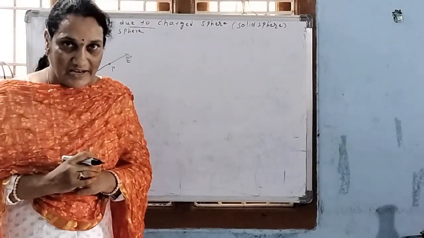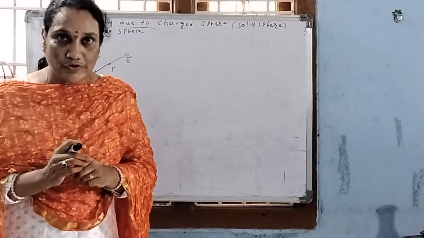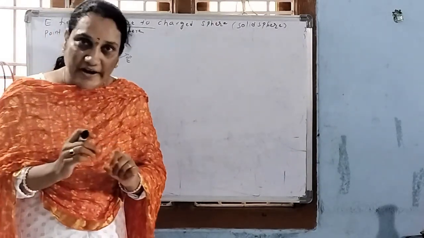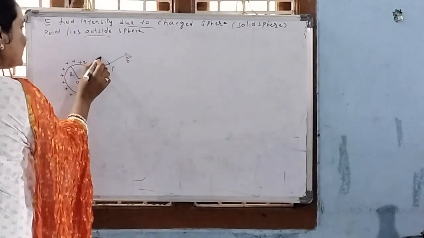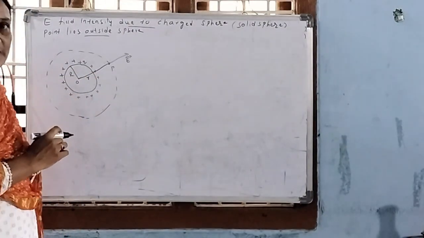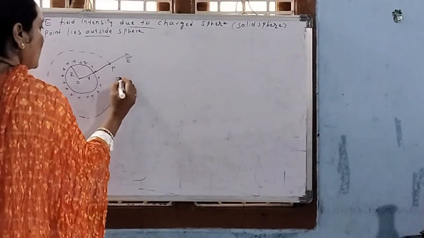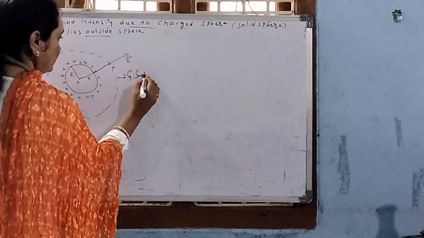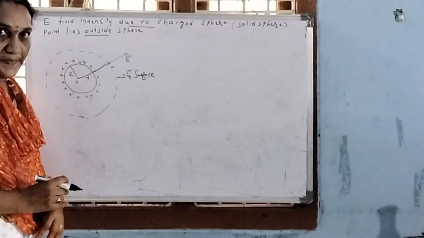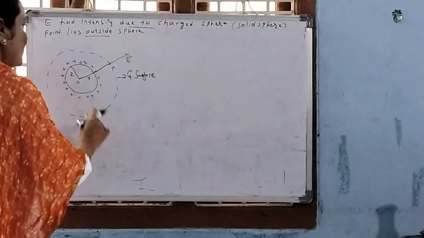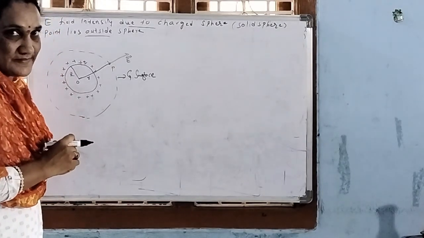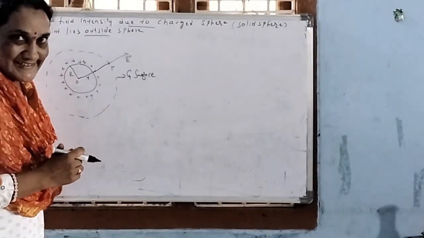To find the electric field intensity, we have to assume a Gaussian surface passing through this point P. Now, let us imagine a Gaussian surface passing through this point P. Small r becomes the radius of the Gaussian surface, with O as usual the center.